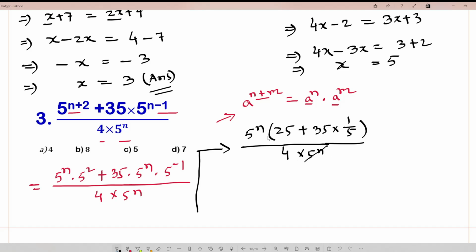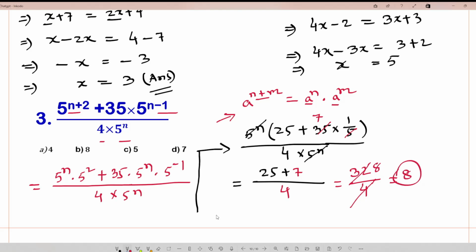Now 5 to the power n, 5 to the power n cancels out. And in the numerator here is 25 plus 35 divided by 5, it will be 7. 25 plus 7, here is 7 and here is 4. So 25 plus 7 will be 32. Divided by 4. So 32 divided by 4 means 8. Our answer is 8. So the correct answer is option B, which is 8.